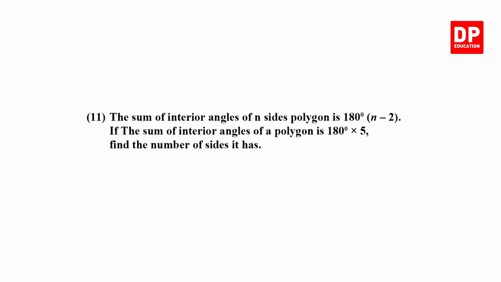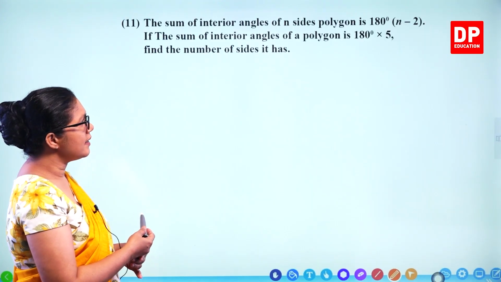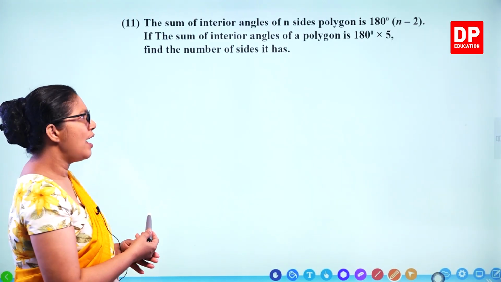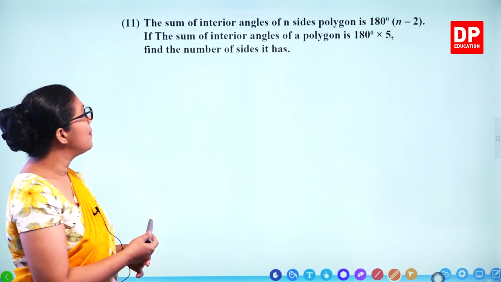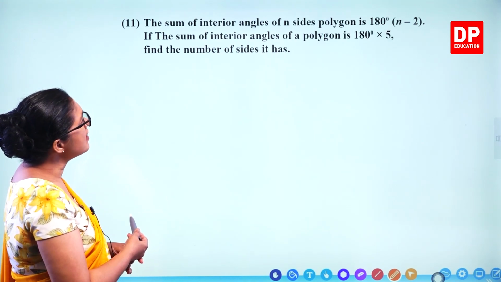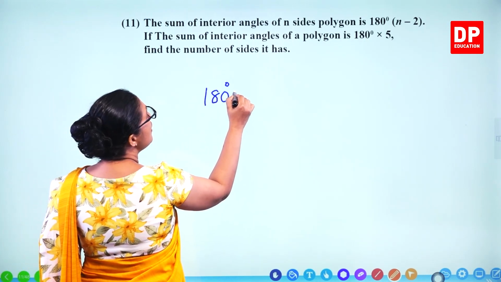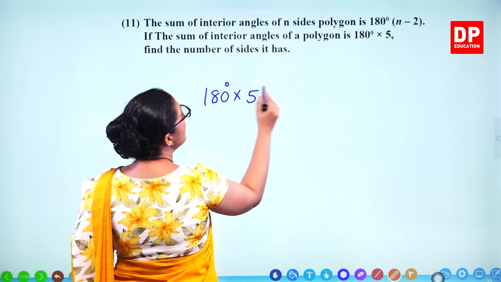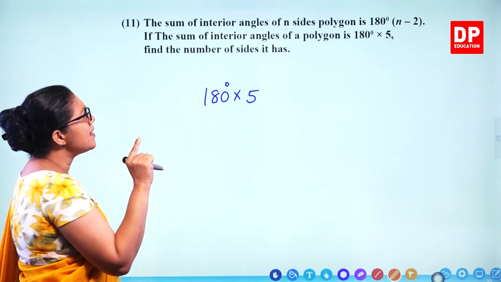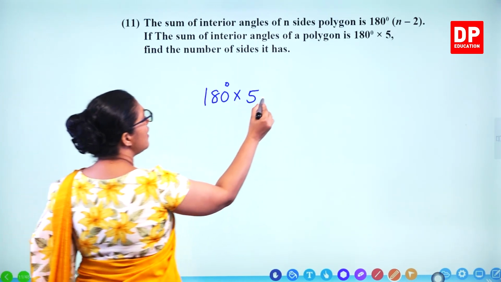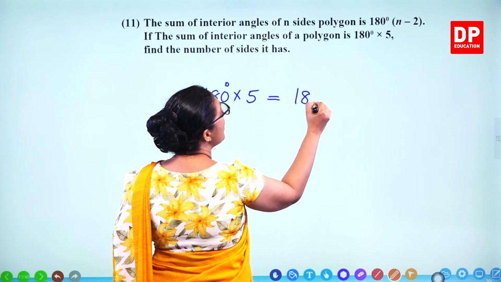Question number 11. The sum of interior angles of an n-sided polygon is 180 into n minus 2. We already know that. If the sum of the interior angles of a polygon is 180 into 5, find the number of sides it has. So here we can compare to this one.